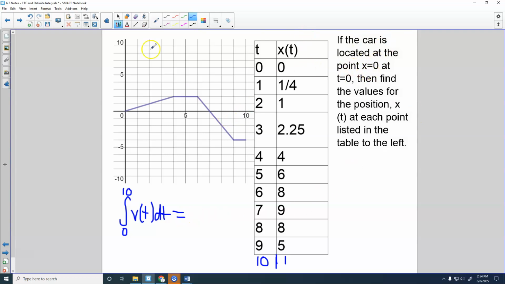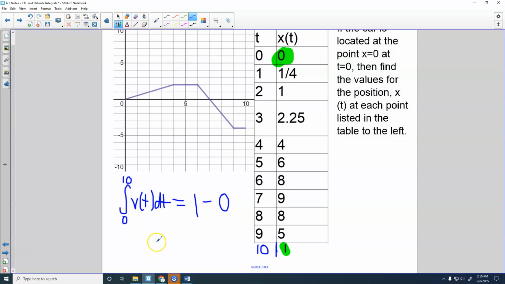That would make this problem better. My integral from 0 to 10 of v of t dt would be 1. Correct? But could I also say it's 1 minus 0? Would that be okay? So I could say that it was this right here minus this right here. That would work.